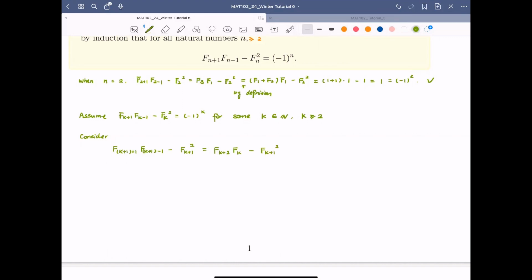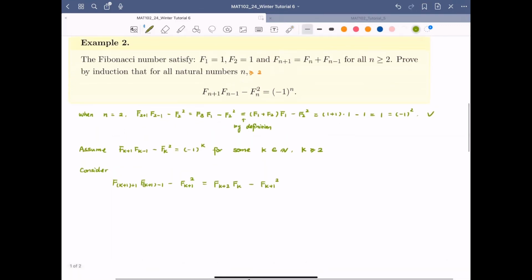So this is where a lot of people get stuck, because they look at our IH and they look at this and think, oh, there's nothing alike. True, which means you cannot use the IH directly. And that's why I said, when you have a recursive sequence, the recursive definition is what you need to use first. Okay? So recursive definition, we use this one first.